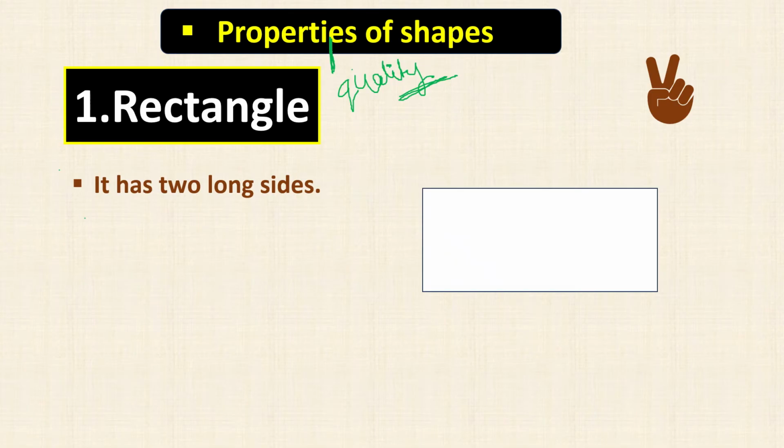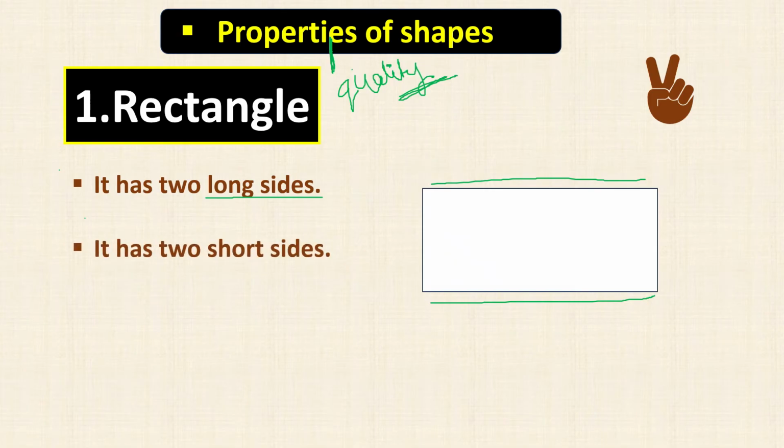Its first property is that it has two long sides, the ones colored green. Another property, in red, is that it has two short sides. First one and second one. Two short sides.